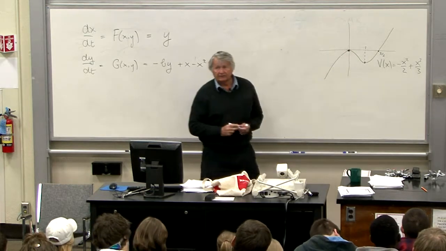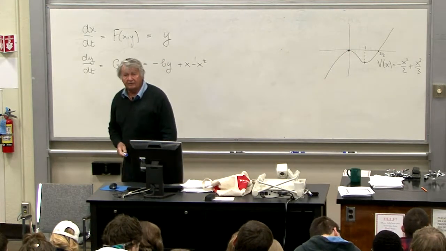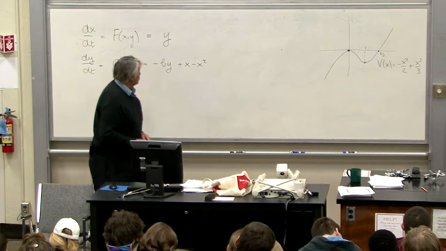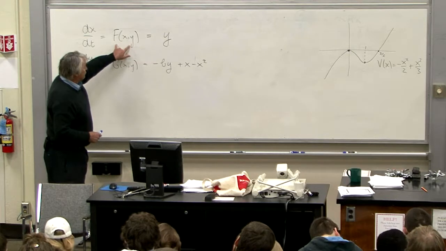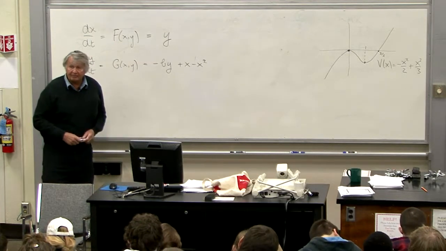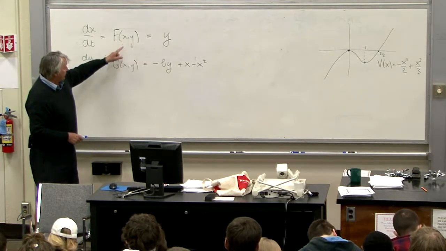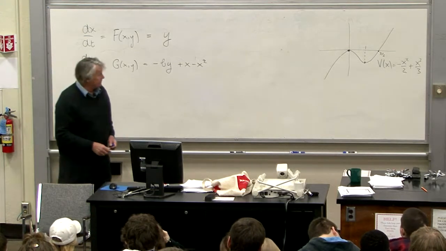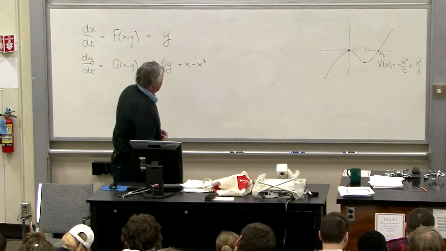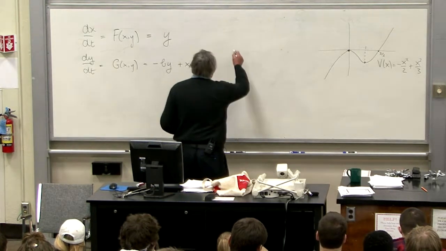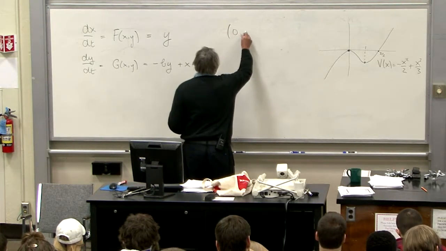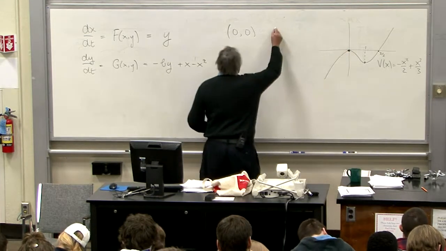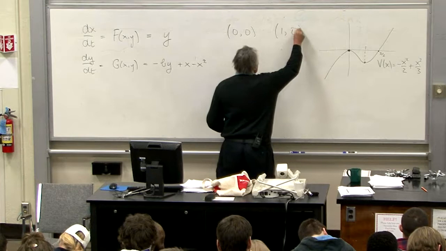Now, clearly, they are very different in nature. How one finds those points, incidentally, is one looks for the x, y values which make both f and g 0. In this case, those x, y values are x equals 0, y equals 0. That's this point here. And x equals 1, y equals 0.